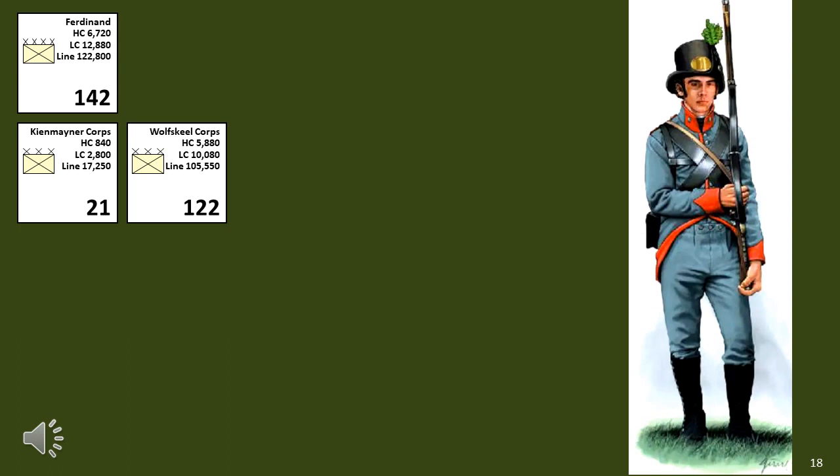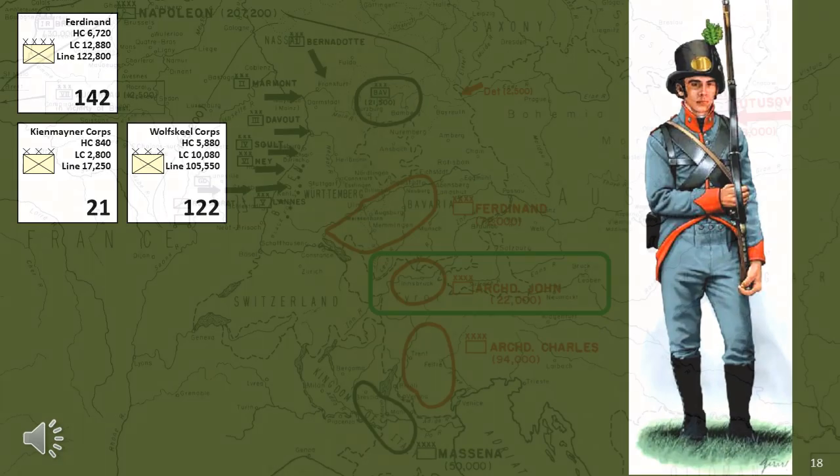For example, the Austrians lost probably between 30 to 50,000 men by the end of October. So the 122,000 that you see here should really be reduced by between 30 and 50,000 to give you a more accurate view of the true strength of the Austrian army, particularly in this sector.